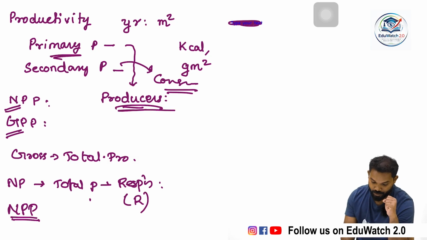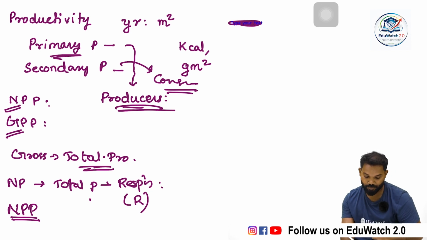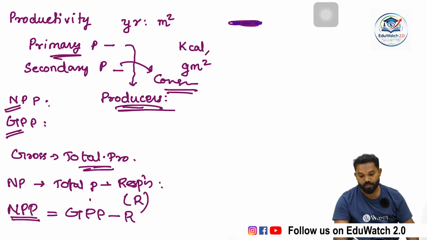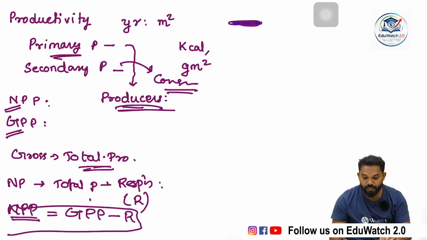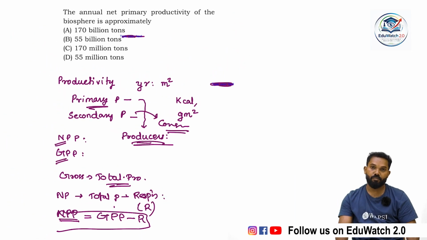Gross primary productivity means total production at the producer level in a definite area in a definite time period. So net primary productivity, NPP, is equal to GPP minus R.